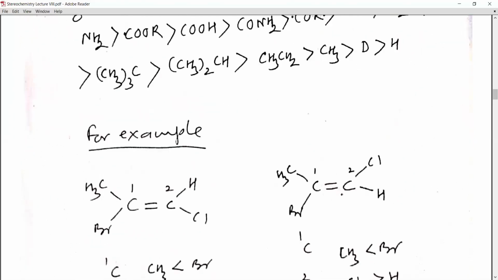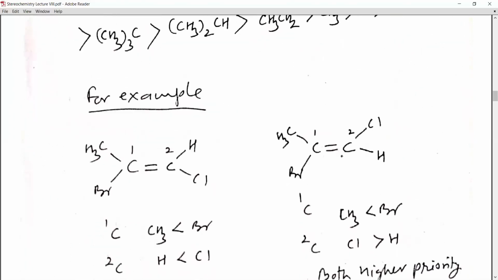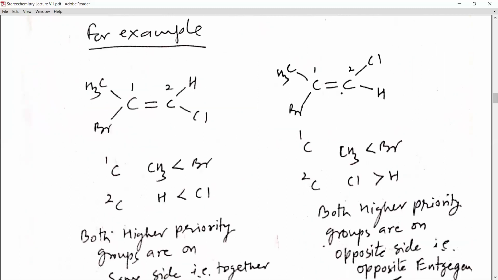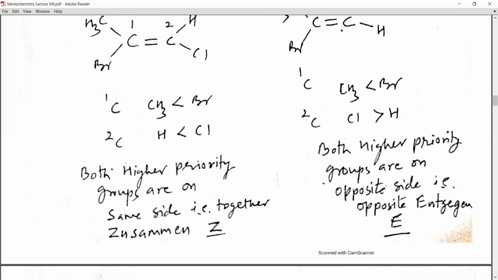For example, in this molecule, on C1 carbon, the higher priority group is bromide, and on C2 carbon, the higher priority group is fluoride. Both are on the same side, meaning together, so they will be referred to as zusammen, Z.